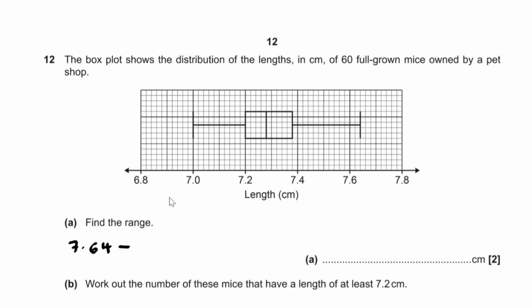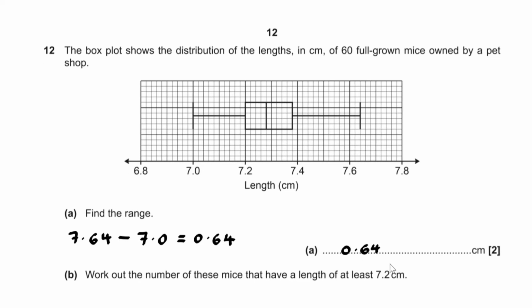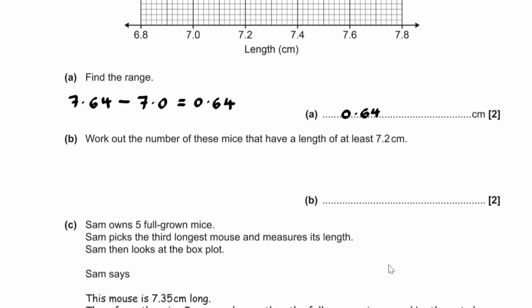The smallest value is equal to 7.0. So if I work out the difference between these, I get 0.64, which means my range is 0.64.